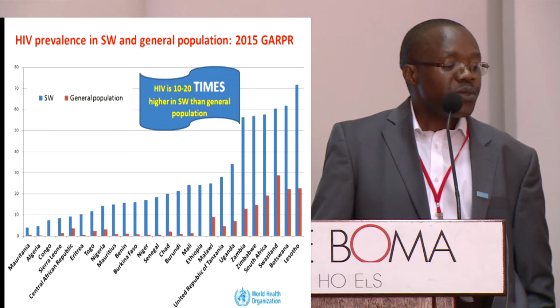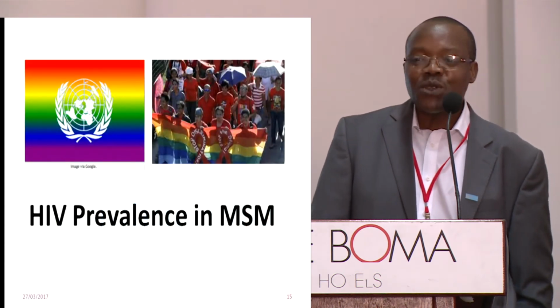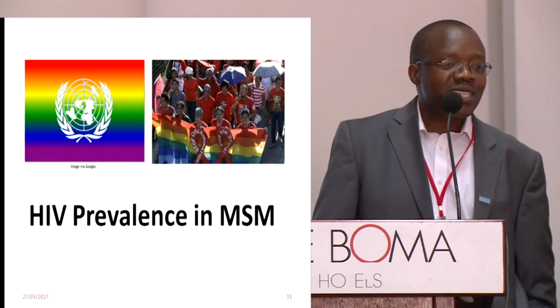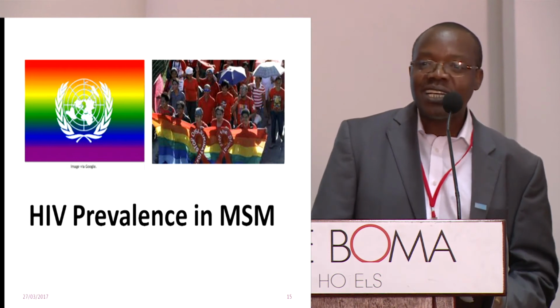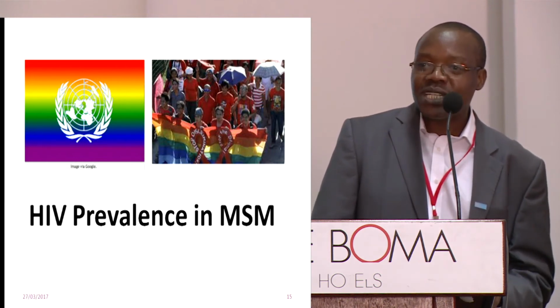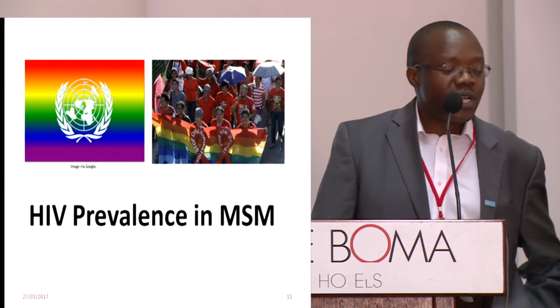When it comes to MSM, I think most of you have been to international AIDS conferences. You have visited the community villages where most of these groups are. They showcase the issues they are facing. So you'll see MSM, sex workers, and so forth.